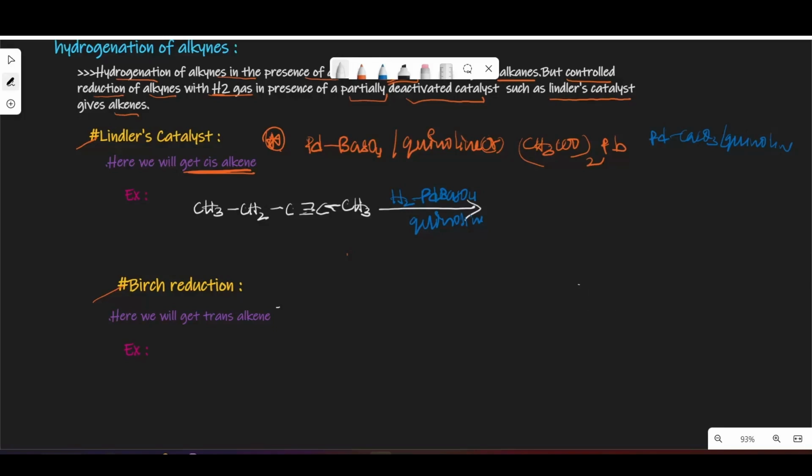Then we will get the alkene with CH3 and C2H5, with the two hydrogens added on the same side, which is called a cis alkene. When we use this Lindlar's catalyst, we will get cis alkenes, so that's why this is called a cis alkene.